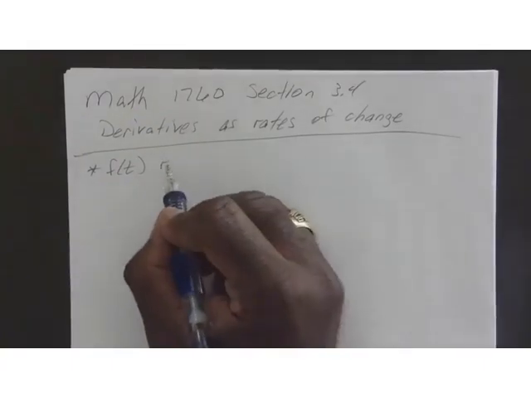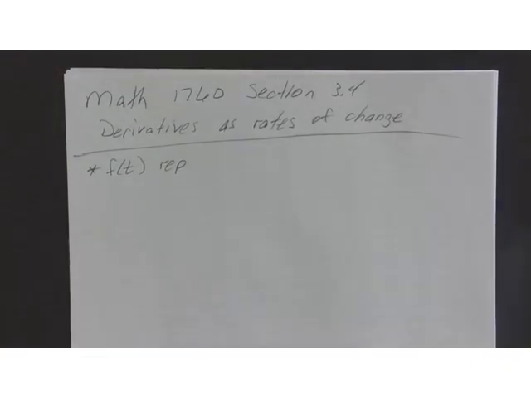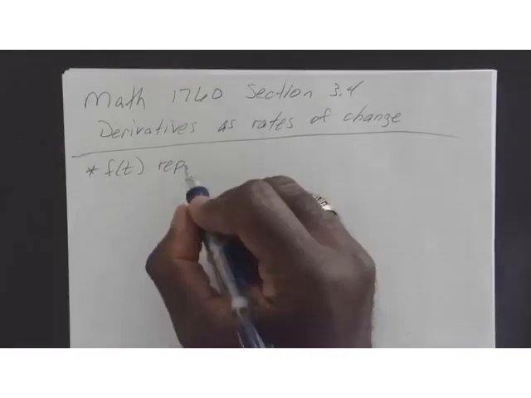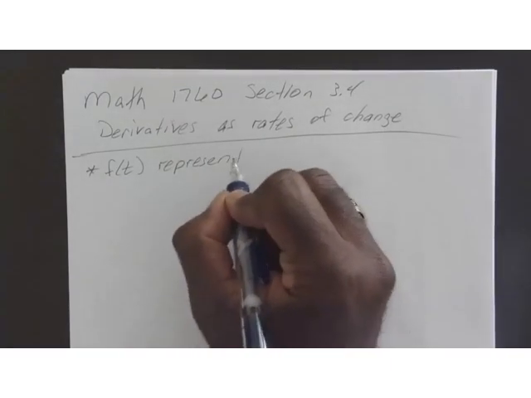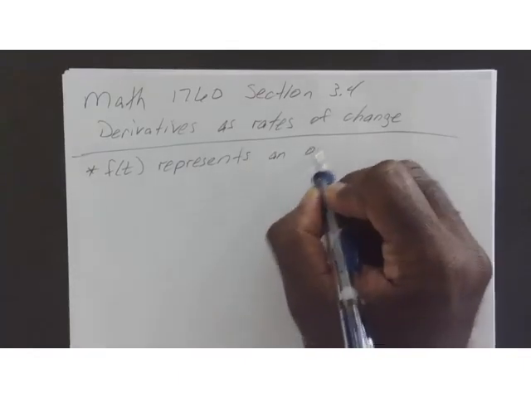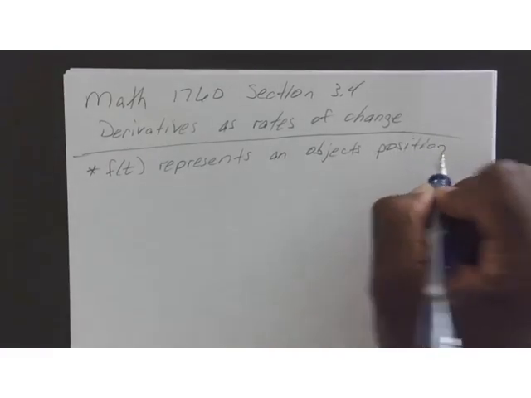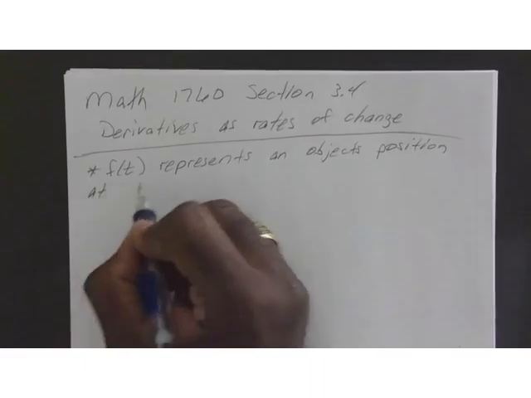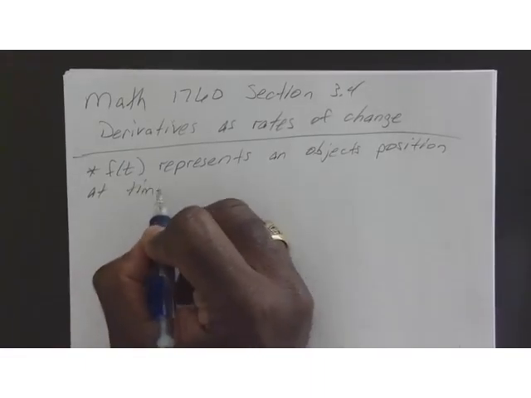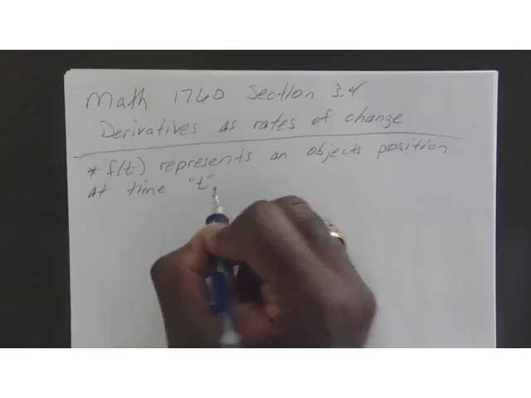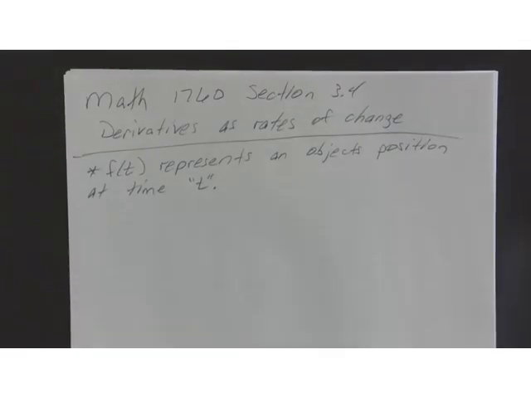All this does is represent the position at some value t, and usually t is time, but not always. So an object's position at time t. And t doesn't have to be time. It could just be the variable that was chosen. But in most cases, they use t for time.